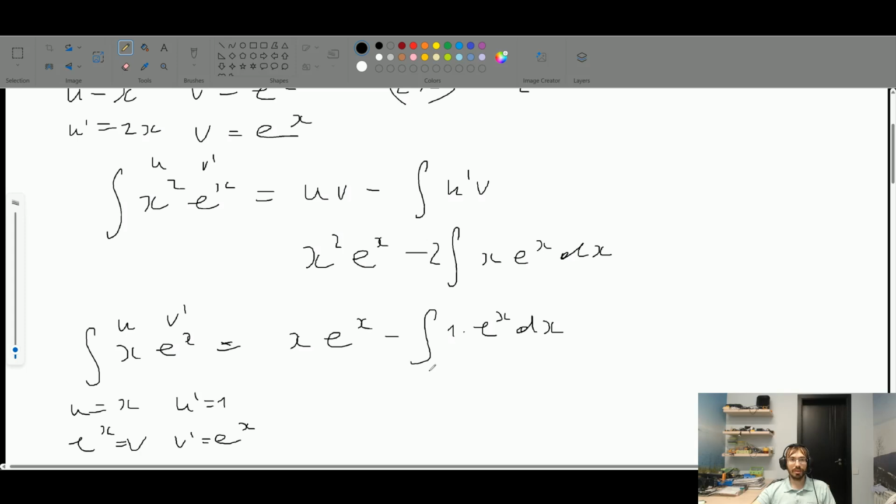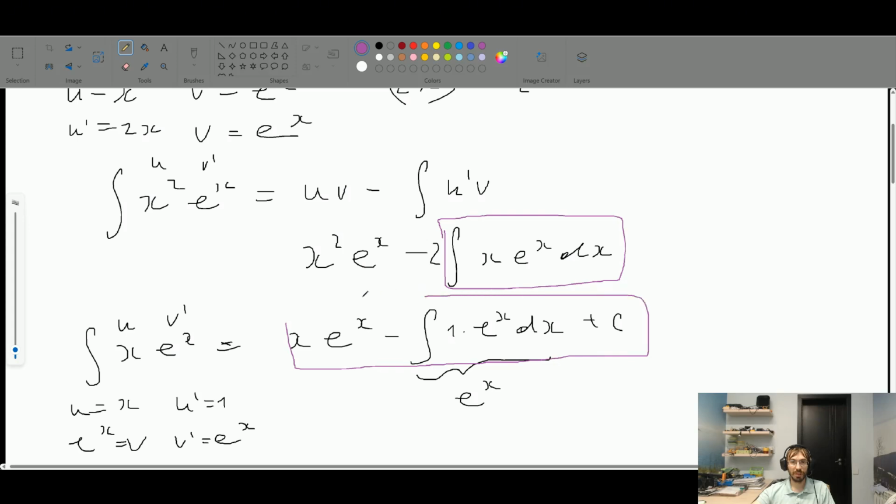And that integral is already much easier because it's the integral of e to the power x, and the integral of e to the power x is just e to the power x. Therefore, plus c. We can replace now that integral by this expression, and that integral in turn by this expression here.